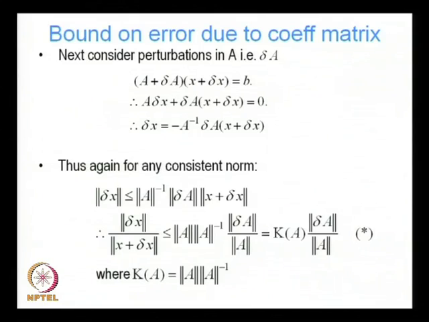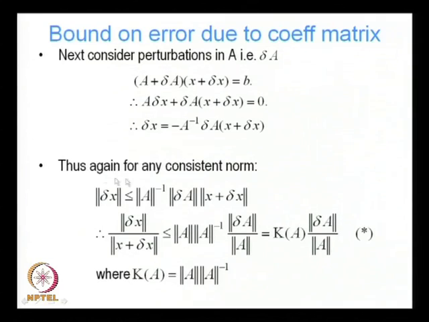Again, for any consistent norm, norm of delta x is equal to norm of A inverse delta A times x plus delta x, but this must be lesser than or equal to norm of A inverse times norm of delta A times x plus delta x, which must again be less than or equal to norm of A inverse times norm of delta A times norm of x plus delta x.